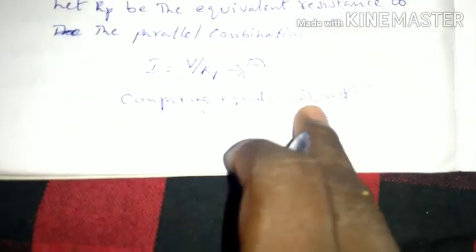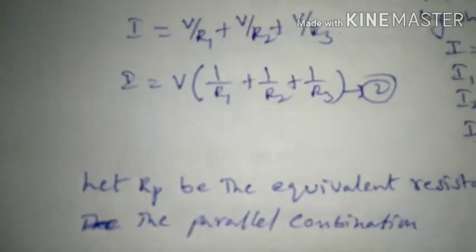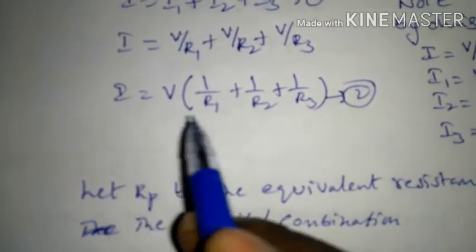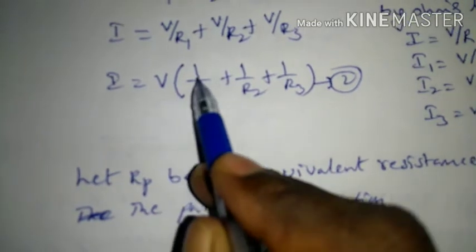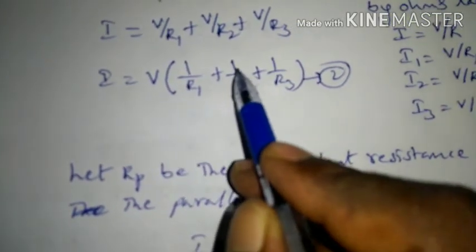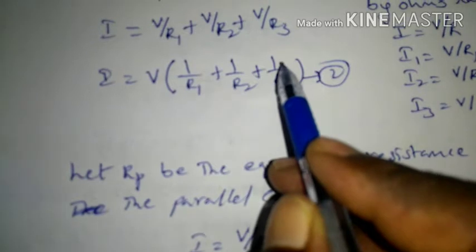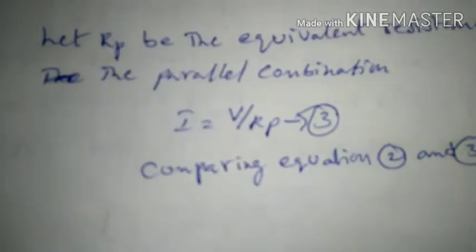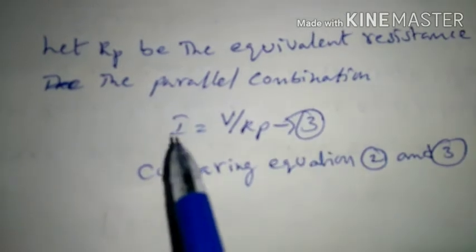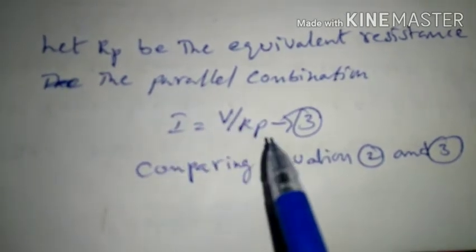Comparing equation 2 and 3: from equation 2, I is equal to V into 1 by R1 plus 1 by R2 plus 1 by R3, and from equation 3, I is equal to V by Rp.